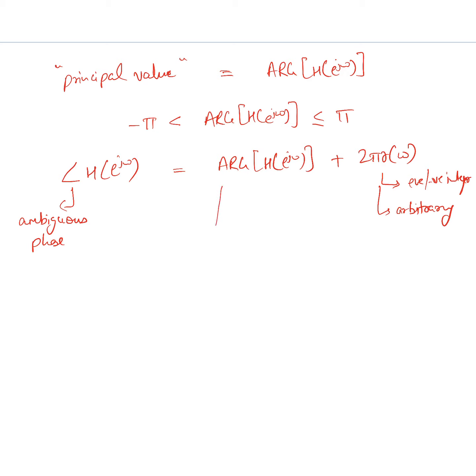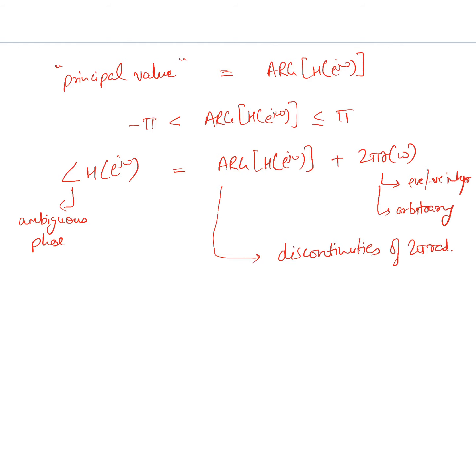One thing to notice here is that this principal value would exhibit discontinuities of 2 pi radians when viewed as a function of omega. We shall see one illustration of how they look.